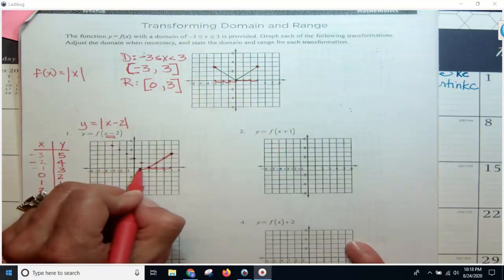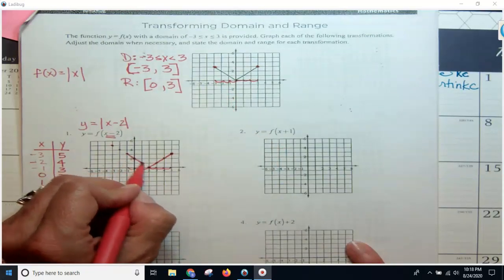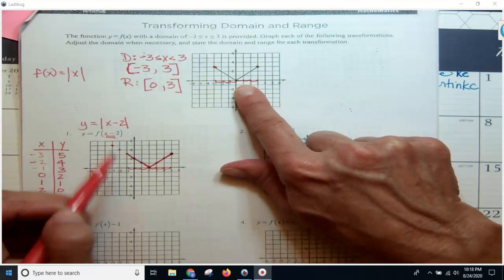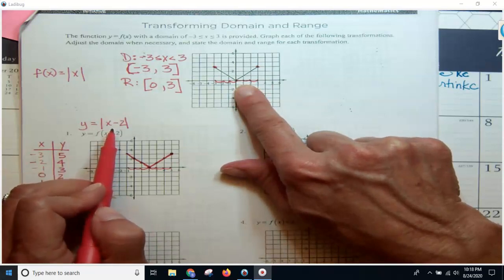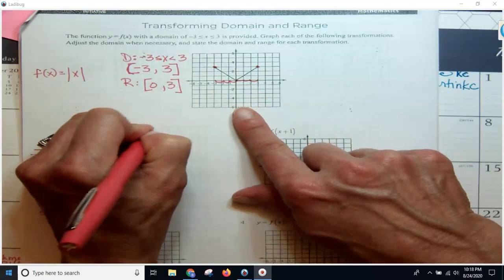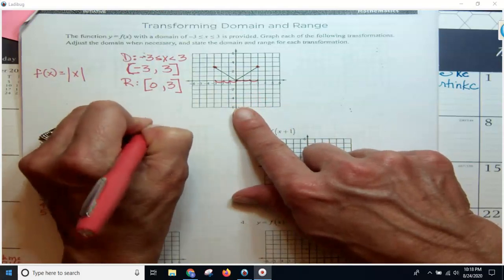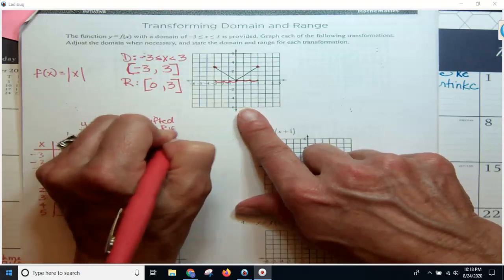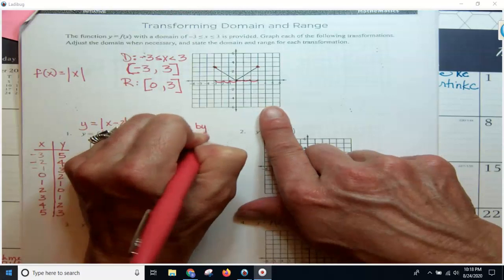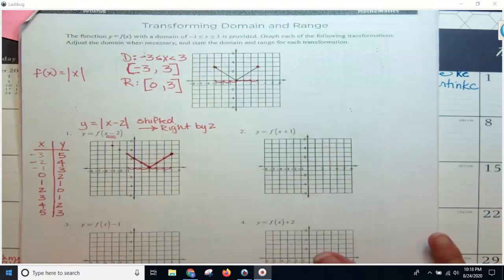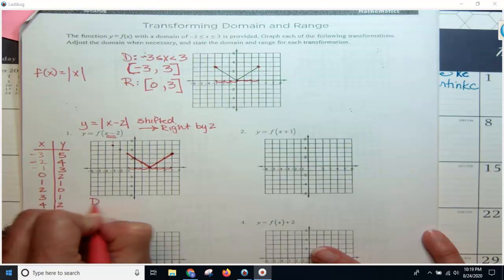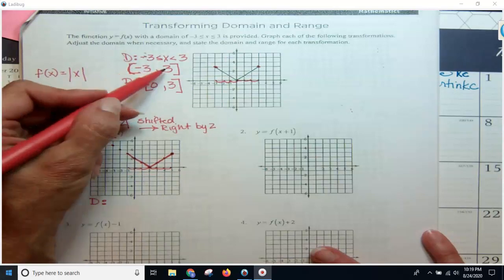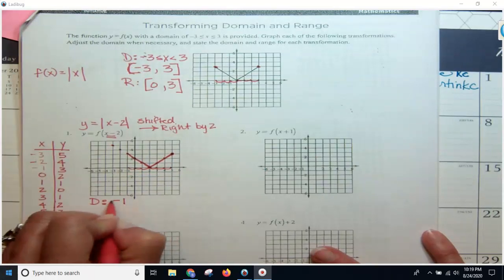So I'm going to go over 1, 2, 3, and it's going to stop right here. And you're going to notice that this is the same equation, except now I've got this -2. Basically what's happened is it's shifted, translated to the right by 2.